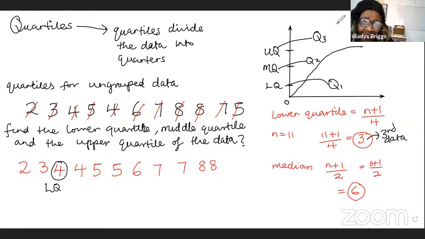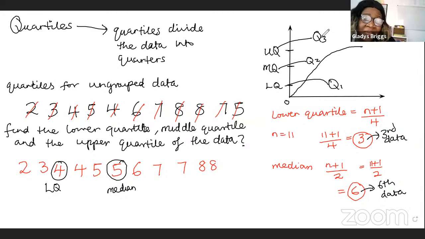This does not mean the number 6. It means the sixth data. So you're going to go to your data that has been arranged in ascending order and look for 1, 2, 3, 4, 5, the sixth data. That's your median.